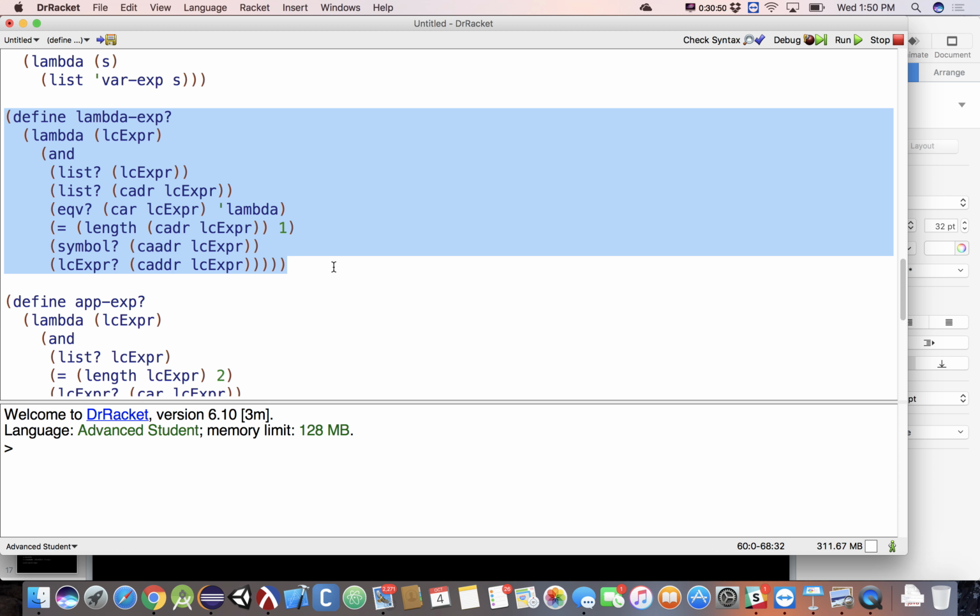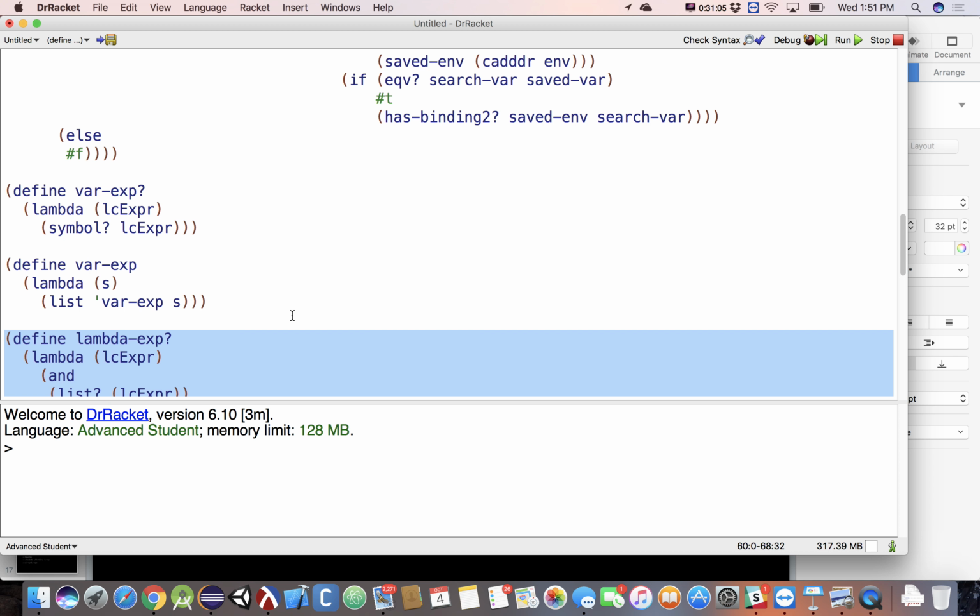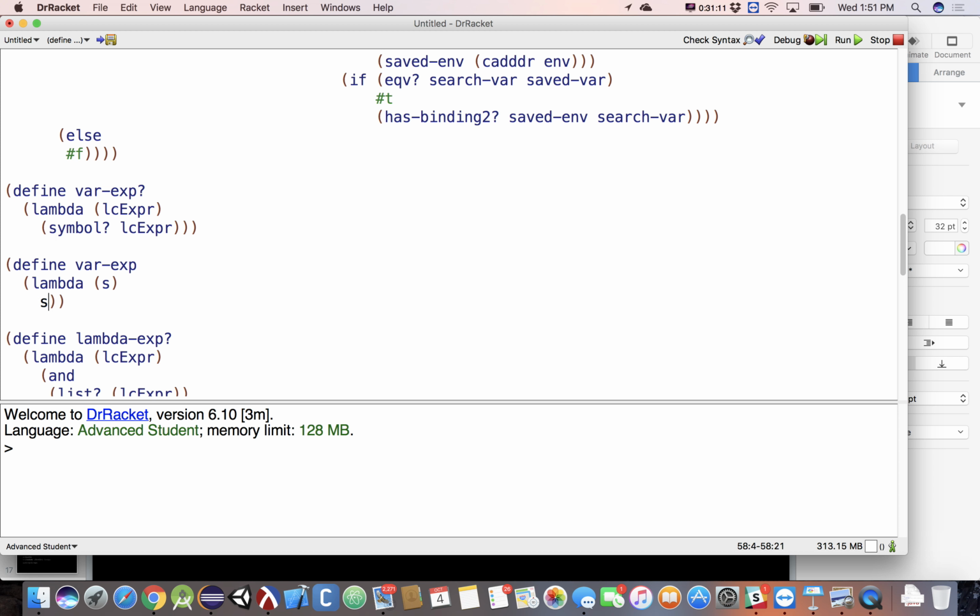We can just look at the car of it and say, what are you? If it says lambda expression there, I can trust that the rest of it is one of those because we've pre-processed it. That make sense? So keep that in mind with the direction we're going to be working with these things. But for right now, I'm going to leave this as just an S.